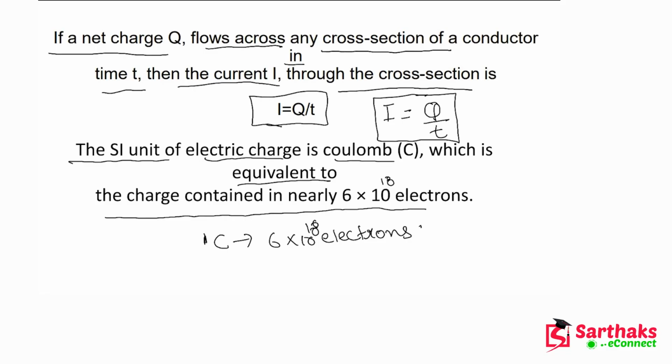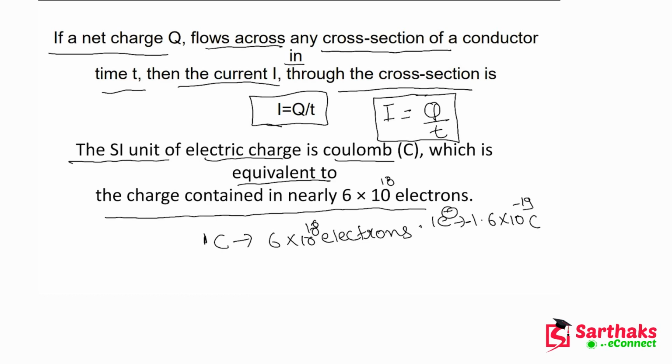Now, how did we get this quantity? We already know that one electron carries the charge of minus 1.6 into 10 to the power minus 19 coulomb.